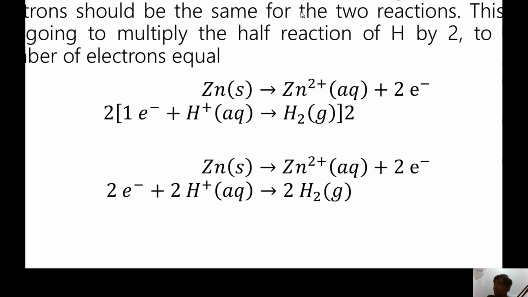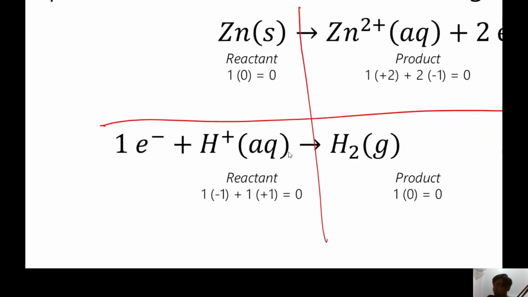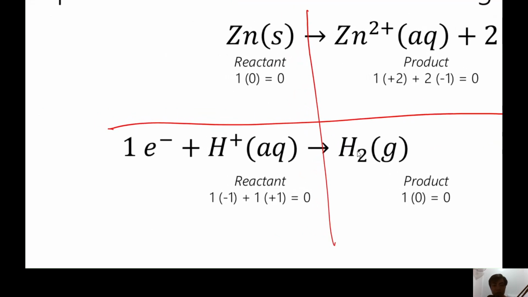So to balance the atoms, you will multiply this equation. Let's balance the hydrogen atoms. There are two here. So that means our H plus needs to become 2.